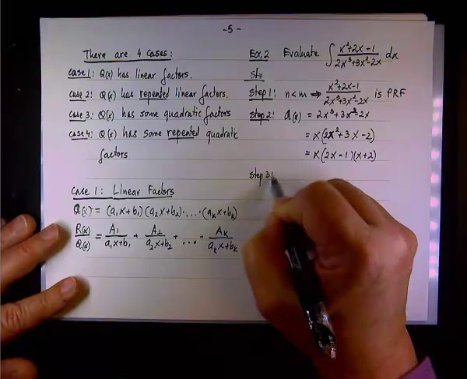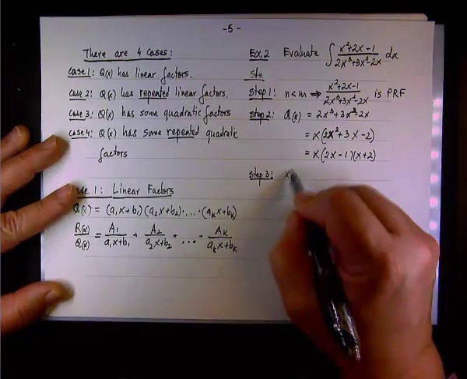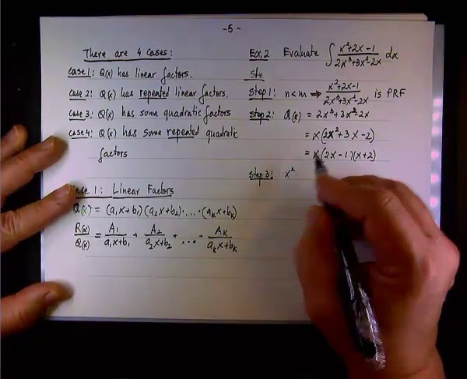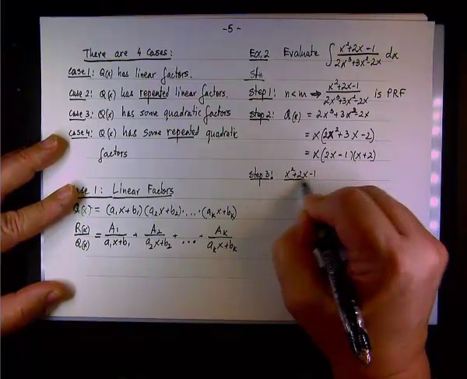X is, in fact, x minus 0 as a linear factor. So at this time, I'm ready to go to step 3 and write it as a sum.